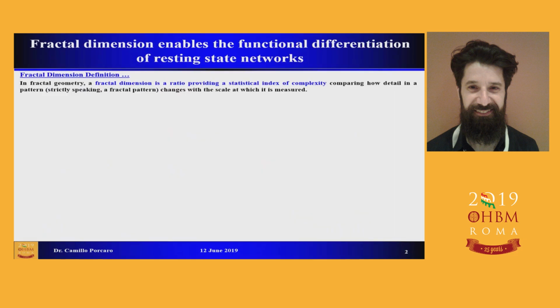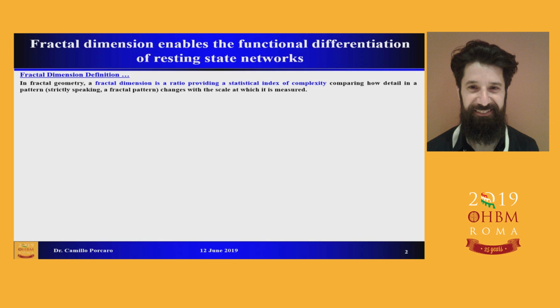Since my talk starts with this fractal dimension story, I cannot avoid introducing what fractal dimension means. If you have the time to go through this definition, and it doesn't make sense to you at all, do not worry, because I spent more or less 3 months before sorting it out.